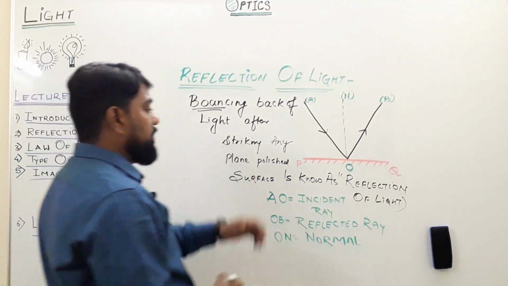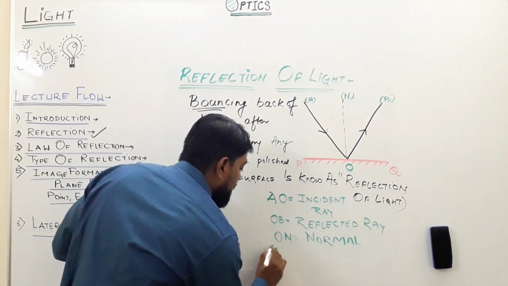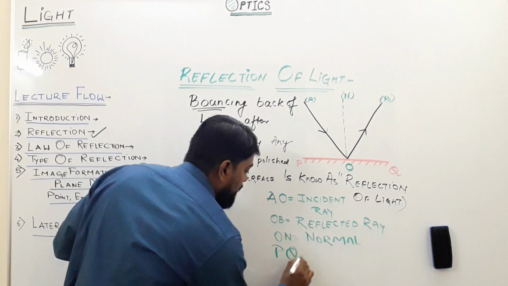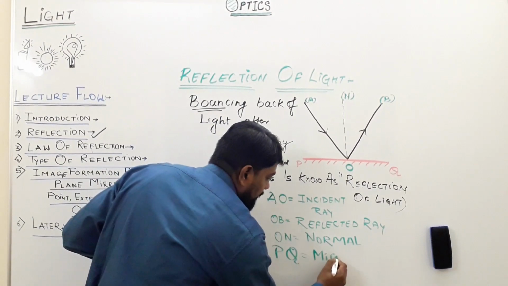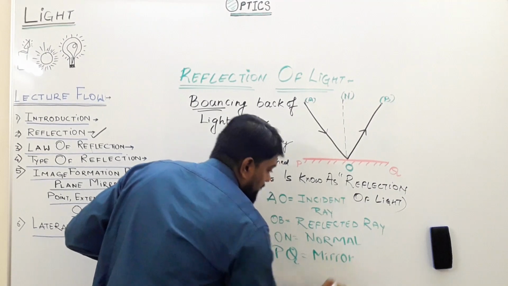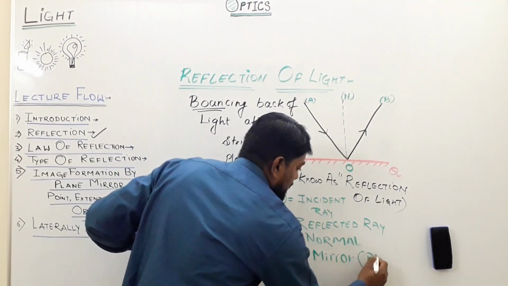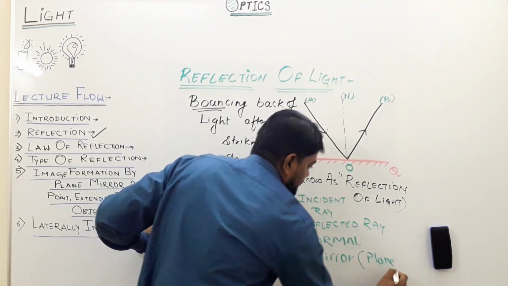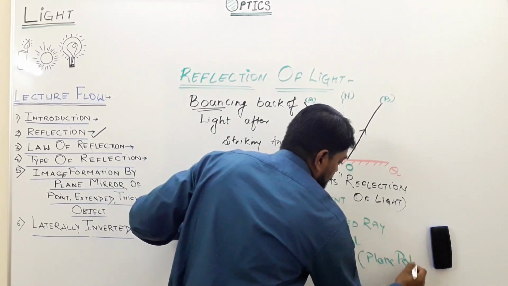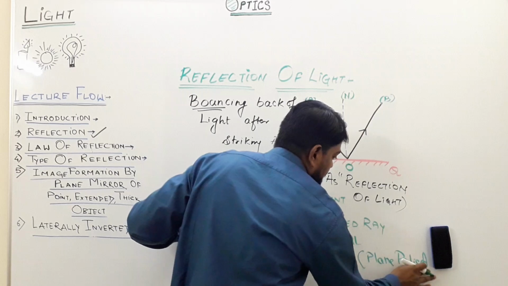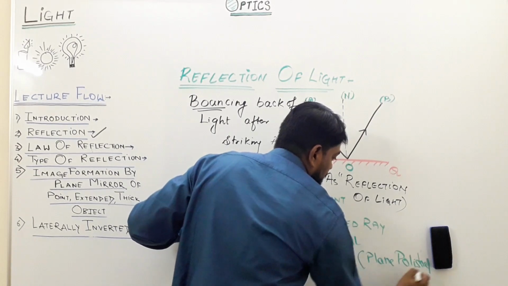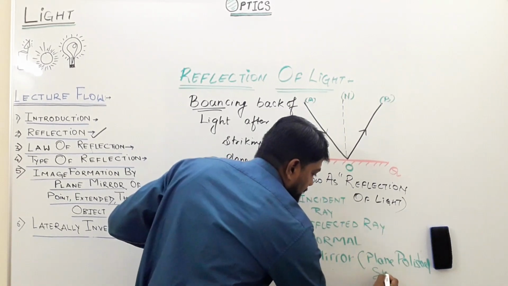And here, PQ is the mirror, or the plane polished surface.